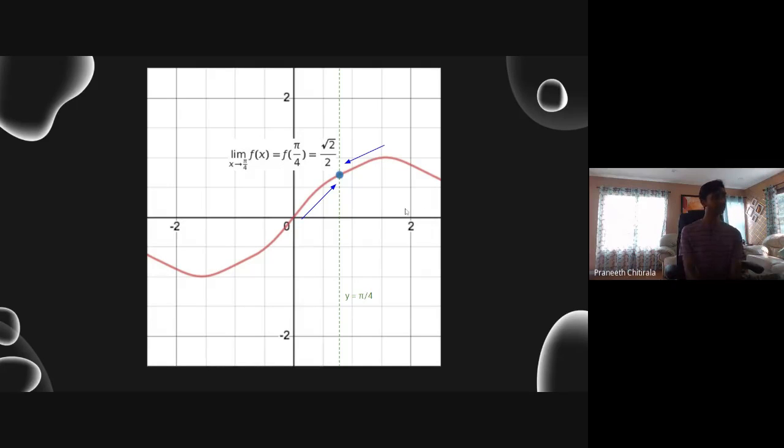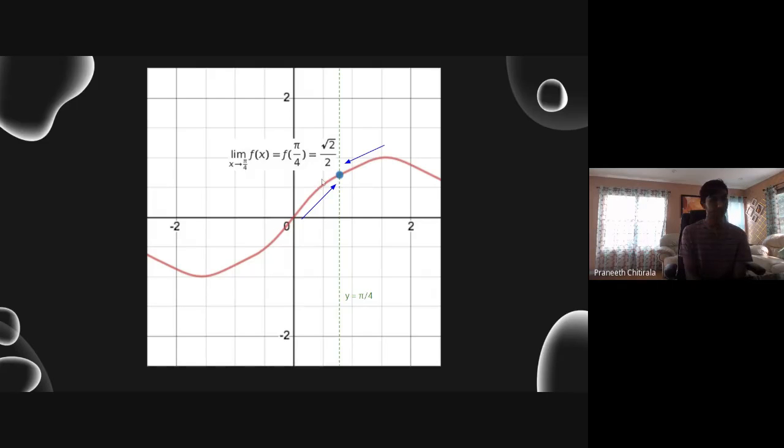So you can see here that the function is continuous at x equals pi over 4. This should be x, but not y. And it's just equal to square root of 2 over 2. So you can see that the left-handed limit exists.